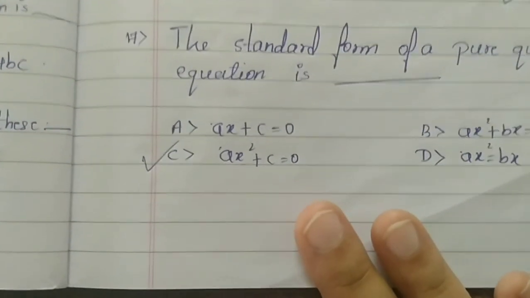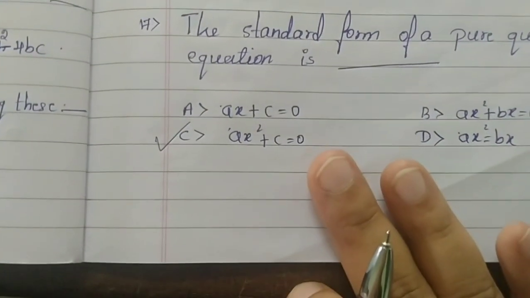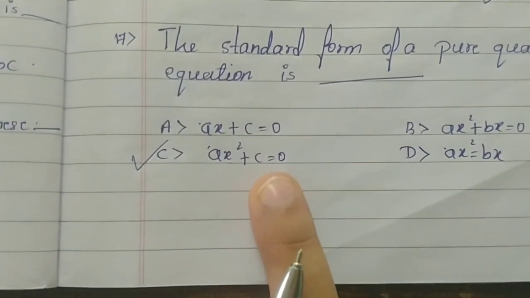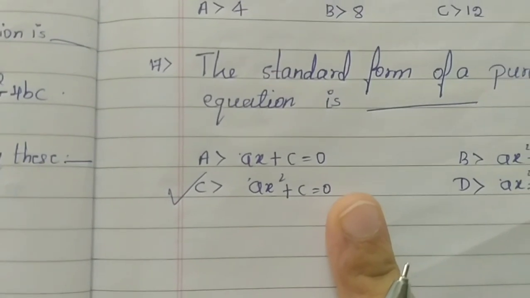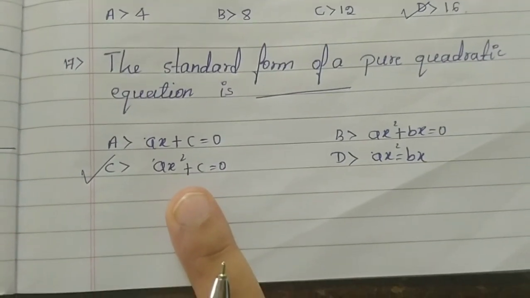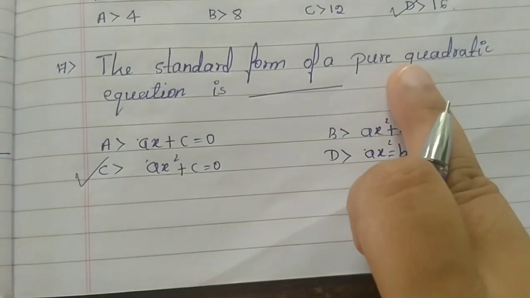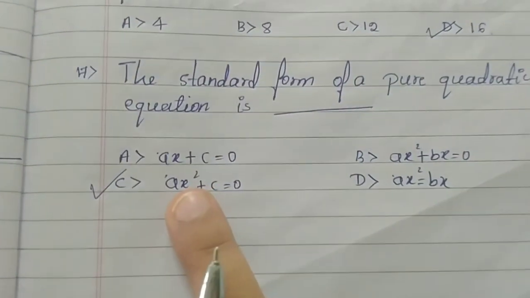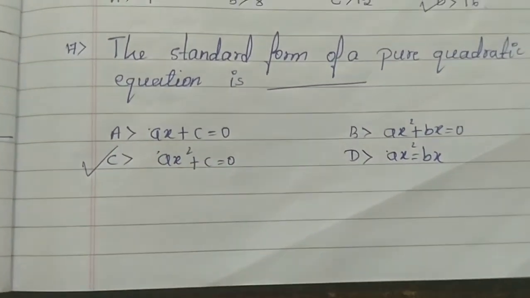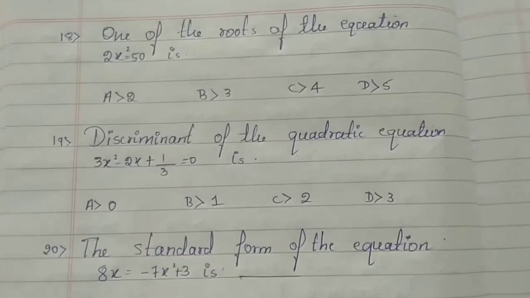It is an equation which can be expressed in the form of ax square plus c is equal to 0, where a should not be equal to 0. That kind of quadratic equation is called a pure quadratic equation. So the correct answer is option C, that is ax square plus c is equal to 0.